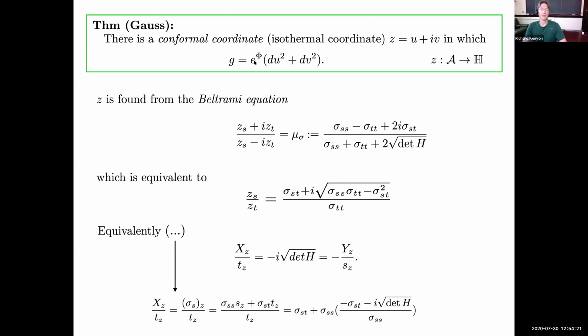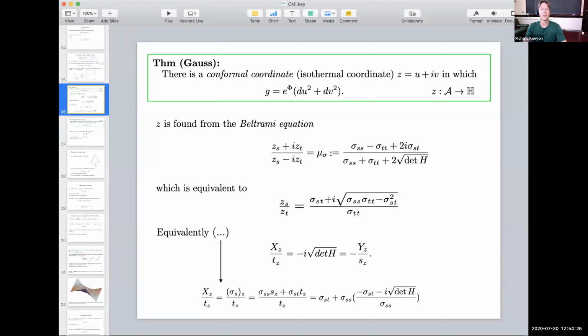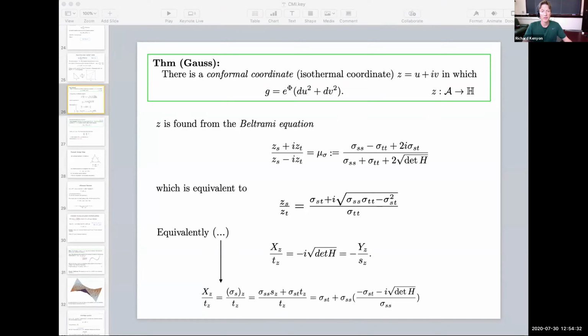And so maybe what I wanted to do is just indicate this with a picture here. So on our triangle there, okay, this wasn't very good. Let me try again.